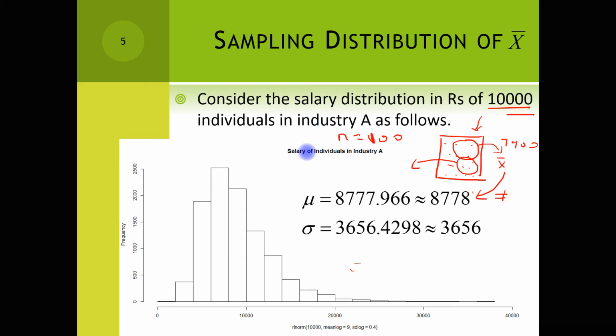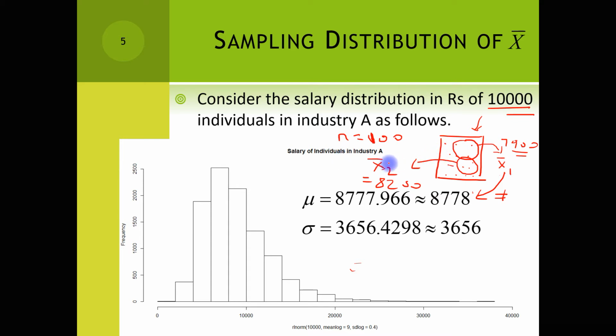If I had to repeat the sampling procedure, let's suppose I want to renew this exercise, now I could have obtained another x bar. If I did it the first time, I get 7,900. All right. If I do it a second time, you don't expect to get 7,900. Now you might get 8,200, for example.